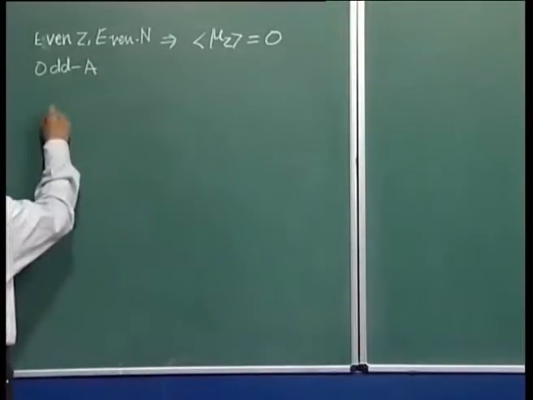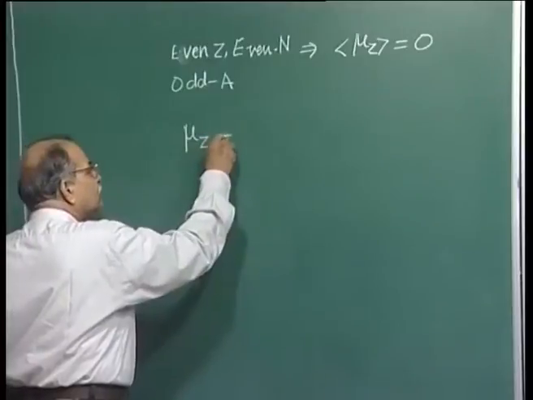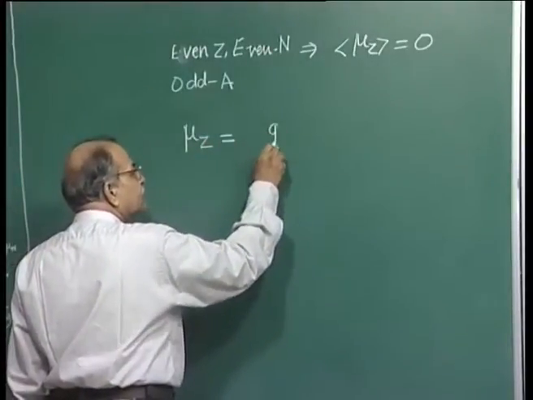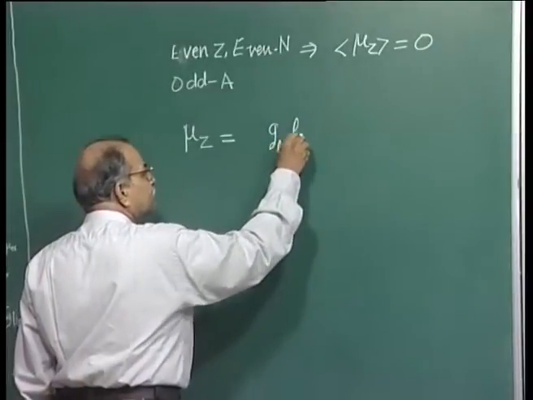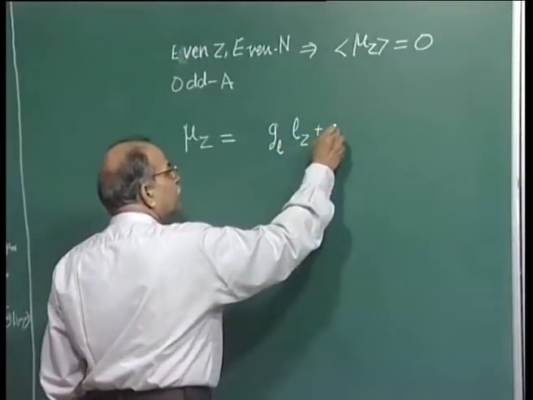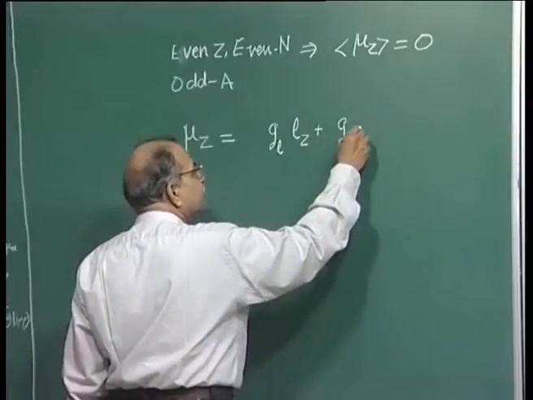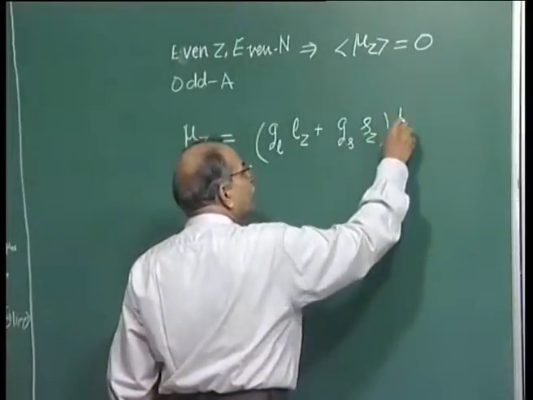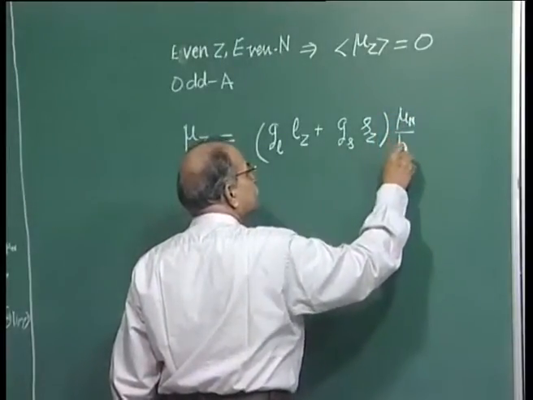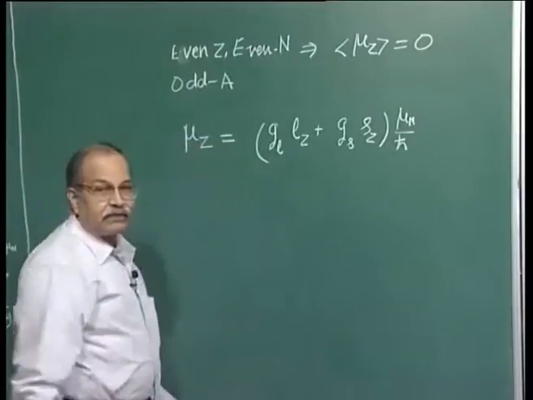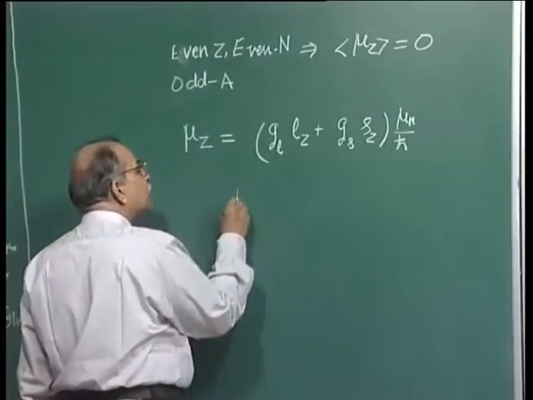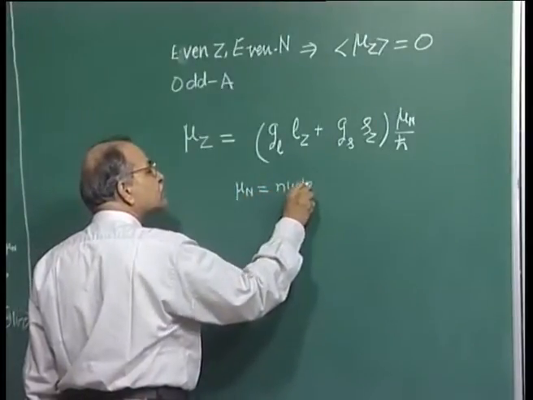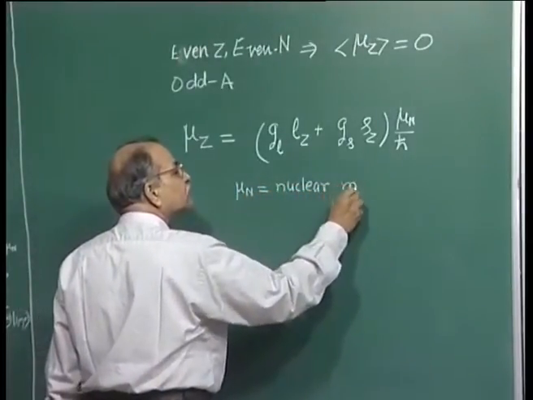And for mu z, the operator would be, remember, g_L L_z plus g_S S_z, times mu_n over h-bar, where this mu_n is the nuclear magneton.